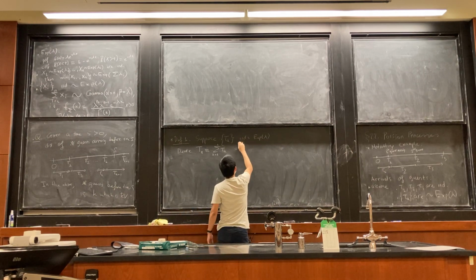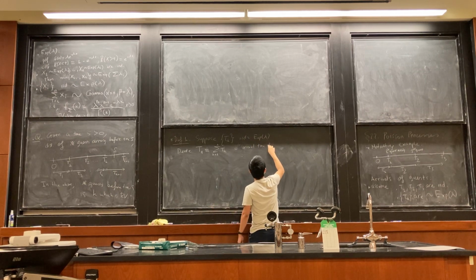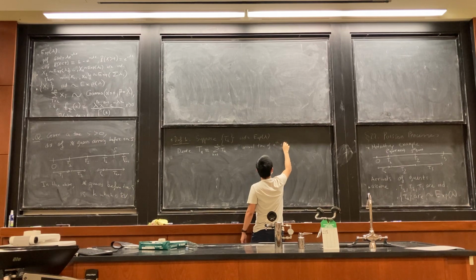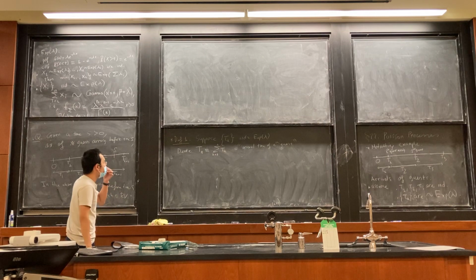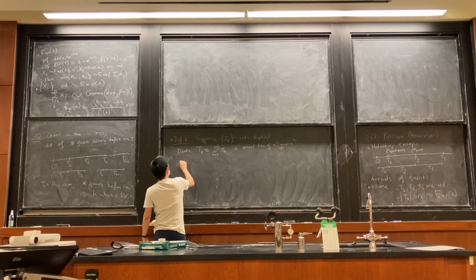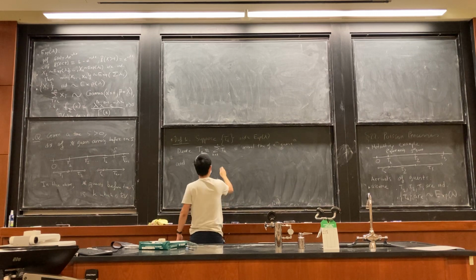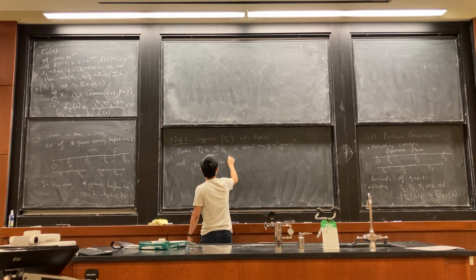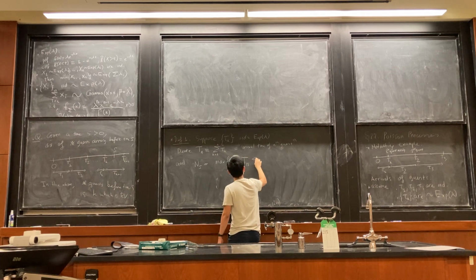This could be thought of as the arrival time of the nth guest. And for a fixed s, let N sub s be the maximum of n such that T_n is less than s.